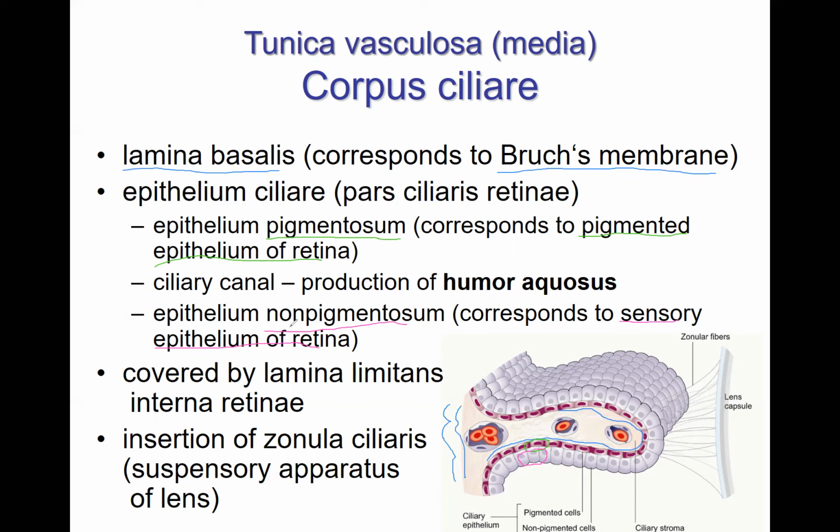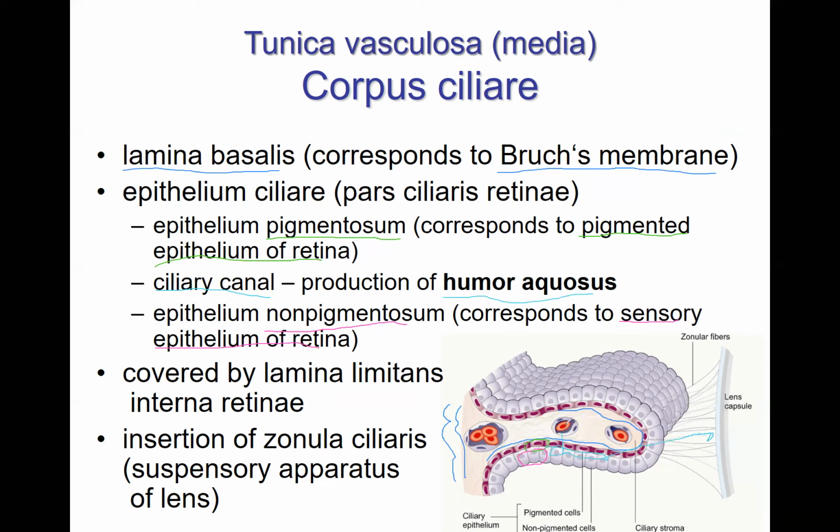It's a continuation of the sensory epithelium of the retina, that means rods and cones. But in this area there are no rods and cones. This is a blind part of the retina, no vision. So it's replaced just by simple cuboid, non-pigmented epithelium. In between is a canal, which is usually not drawn, the ciliary canal, and into this canal the humor aquosus is produced via transudation.